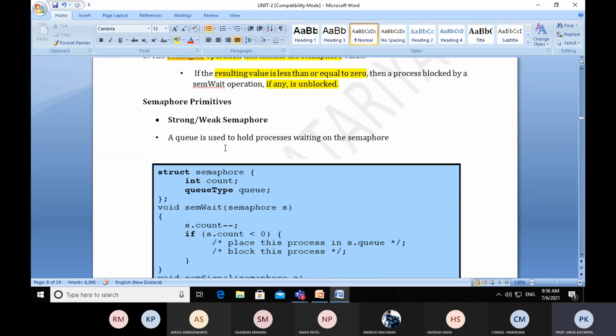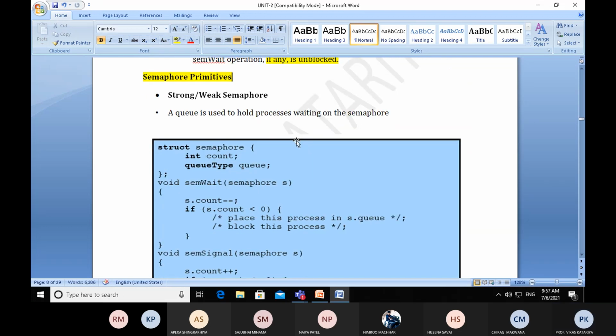Now, after discussing the procedures of semaphore, initialization, sem wait, and sem signal, let's discuss semaphore primitives. Primitives means the fundamental types of semaphores. There are basically two types of semaphore: strong and weak semaphore.